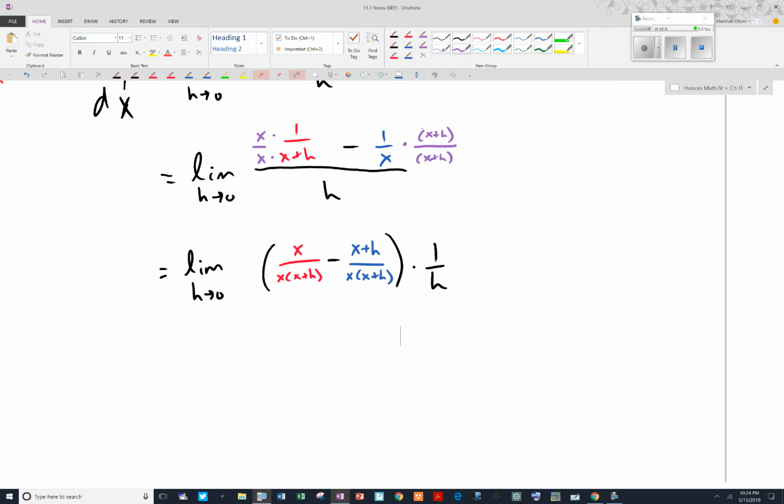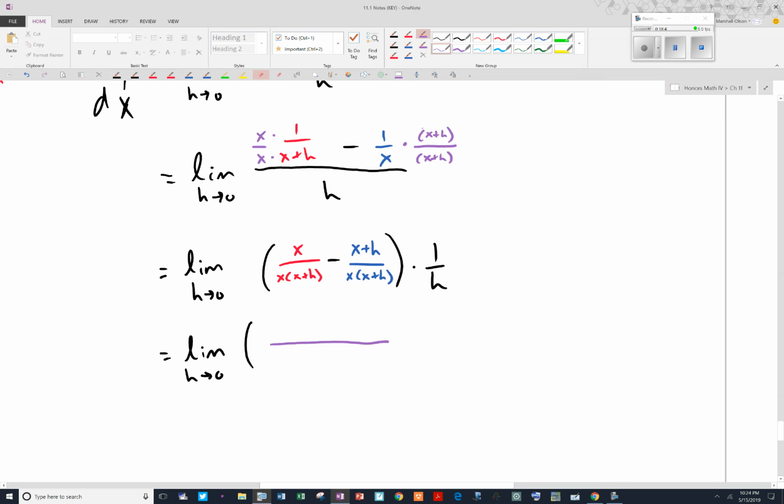Now we can combine these two into one fraction. When we combine these into one fraction, there's a really, really important thing to remember. We have x, and then we have minus x plus h.